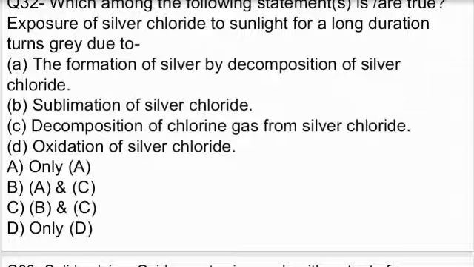Statement C. Decomposition of chlorine gas from silver chloride. And statement D is oxidation of silver chloride. The options are only A and C, B and C, only D. The correct option is A, only A is the correct answer.